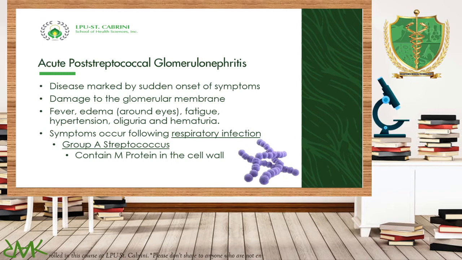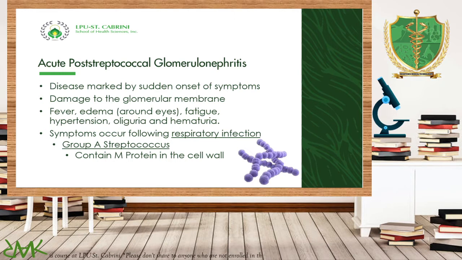Now, what are the symptoms associated with post-streptococcal glomerulonephritis? It includes fever, edema. Edema is accumulation of fluid within the tissue. Edema around the eyes, fatigue, hypertension, oliguria, and hematuria.